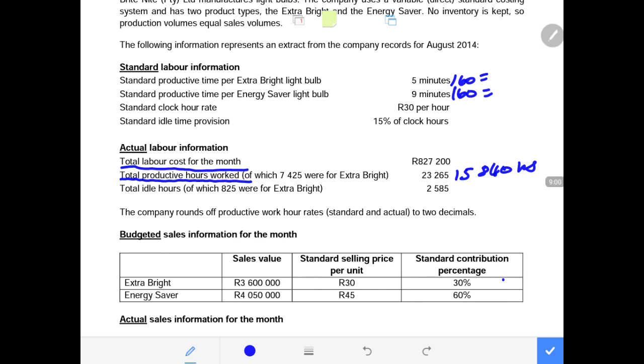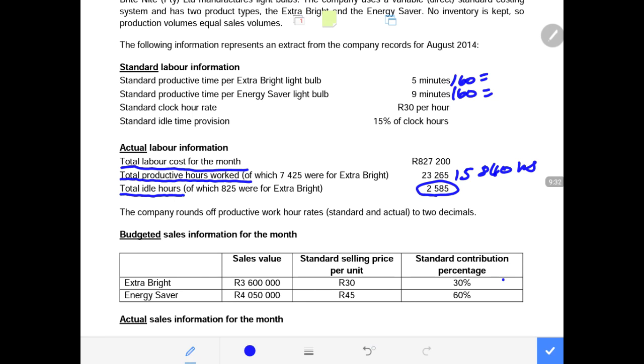Now we come to the other hours. They say the total idle hours. Remember, these are the actual idle hours, and it was expected that idle hours should be 15% of the total clock time, but now they don't give us the percentage, they give us the actual idle time. It is 825 for the extra bright, and the total is 2,585.